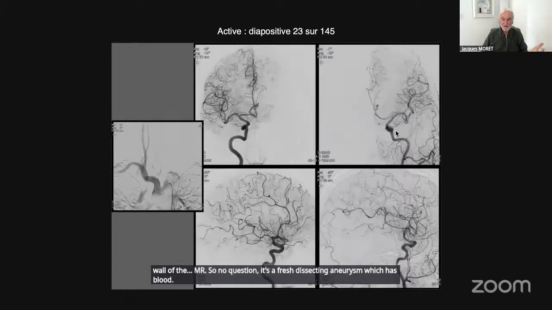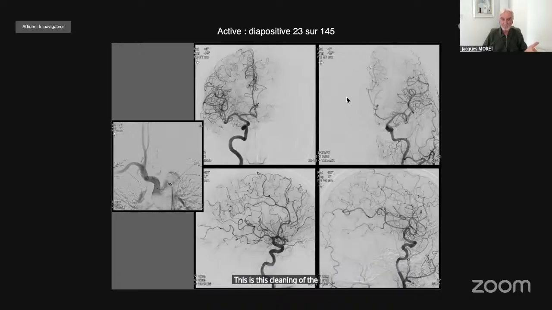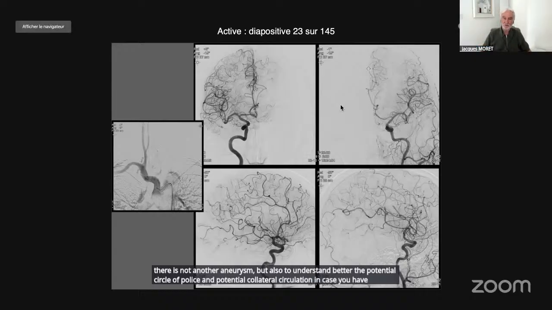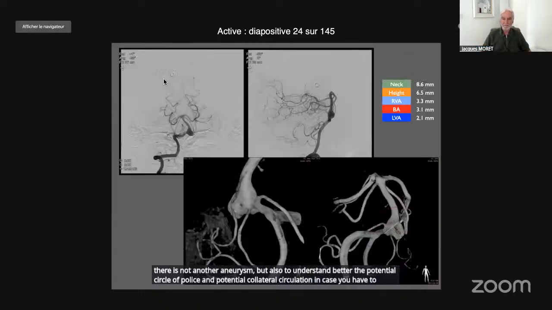This is the screening of the rest of the vessels, not necessarily to test if there is another aneurysm, but also to understand better the potential circle of Willis and potential collateral circulation in case you have to occlude the parent artery. Well, in this patient, it was not necessary.